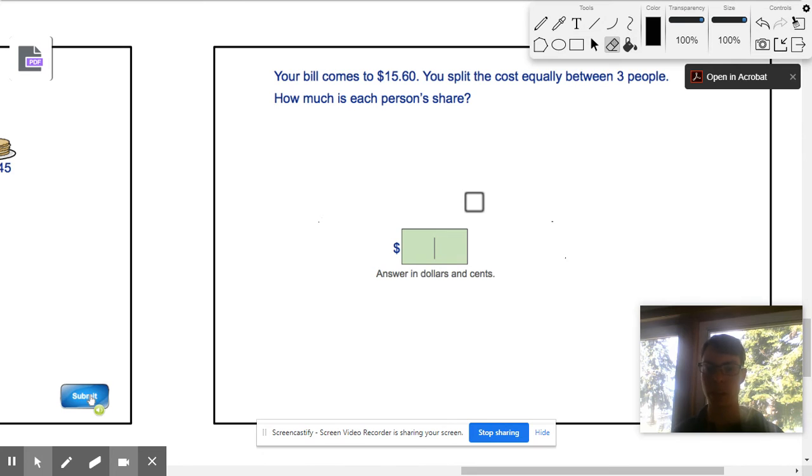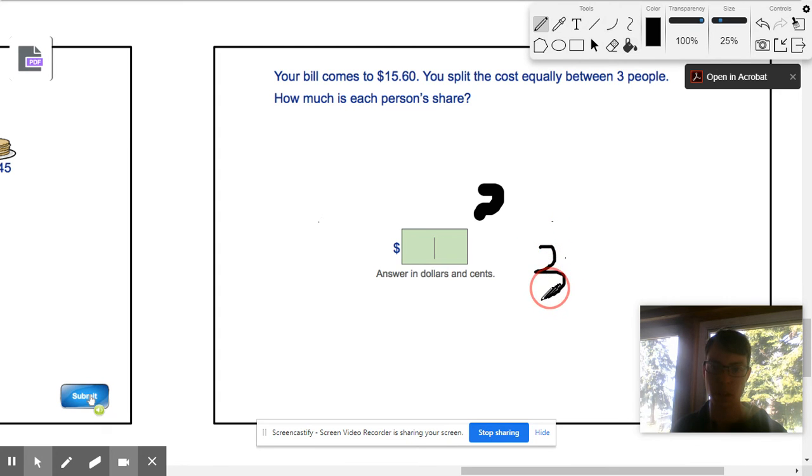Whenever you're dealing with getting a smaller number, then you know you're going to be dividing or subtracting, okay? And division is almost just repeated subtraction as long as it's equal. So your bill comes to $15.60. How do you split that up between 3 people? Well, you divide it. So all you do is you divide it by 3 people.